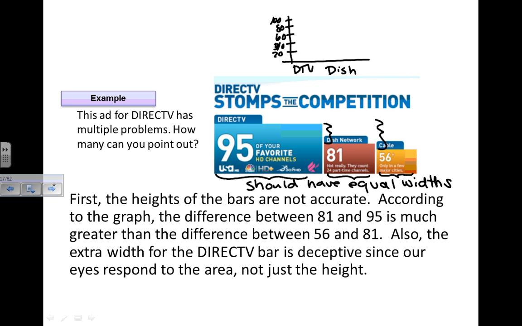So here, if I was going to make my Dish at 95%, it would look something more like this. That was DirecTV. My Dish is at 81%. So it would be something more like that. And then the 56%er, something more like that. And you want it all to be equal.